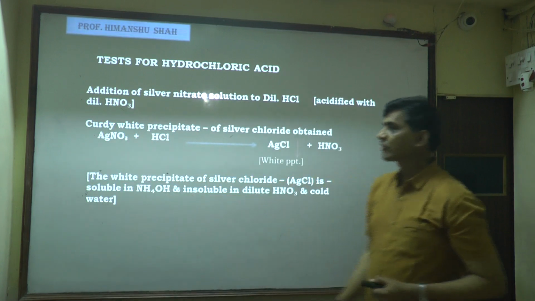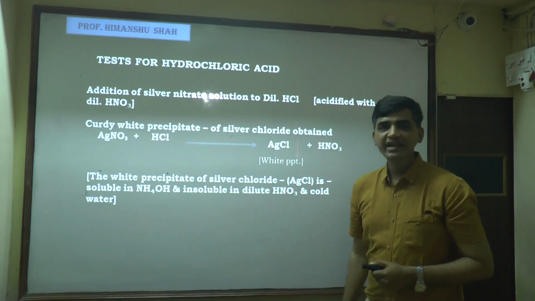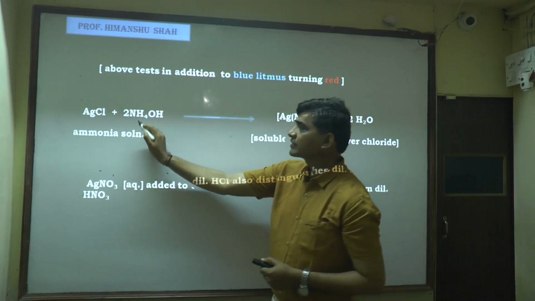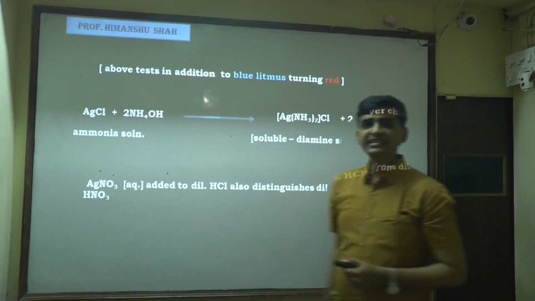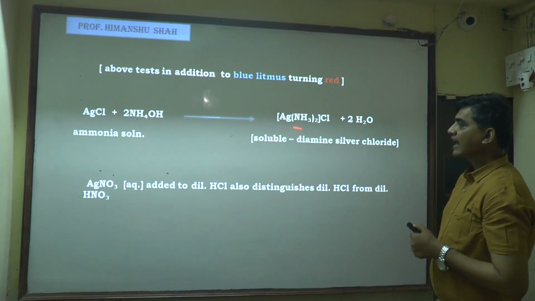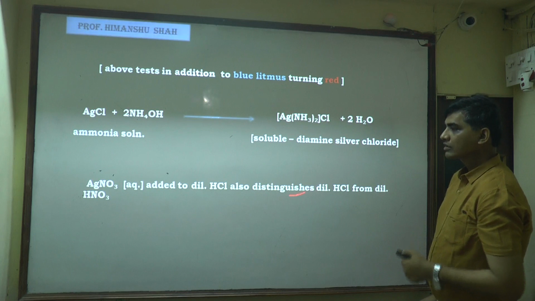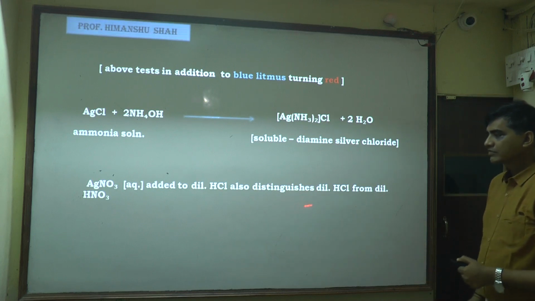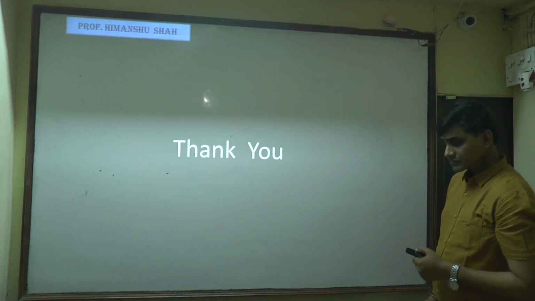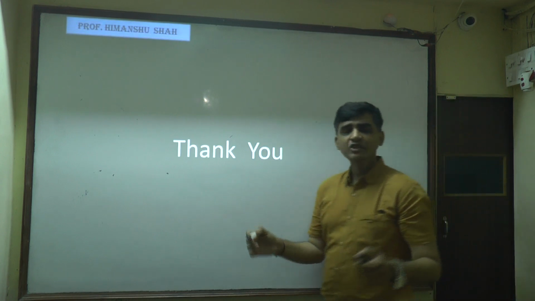Again, the favorite question of the examiner: we will get a white precipitate of AgCl. This AgCl is soluble in excess of ammonium hydroxide, and you get diamine silver chloride and water. So this test is used to distinguish HCl from HNO3.